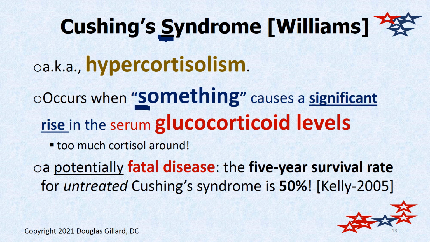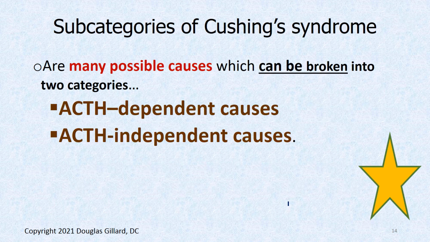So S for something. There are many different things that can cause the excess of glucocorticoids in the blood serum. So this is the major category here. This is a potentially fatal disease. In fact, with the 5-year prognosis, 50% of people will be dead if this is not properly managed. So this is a serious disease.